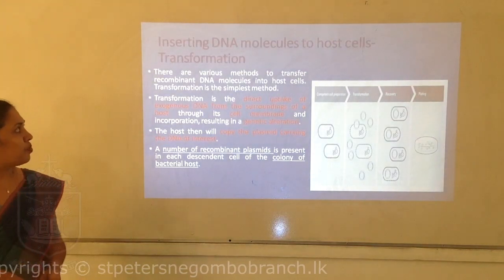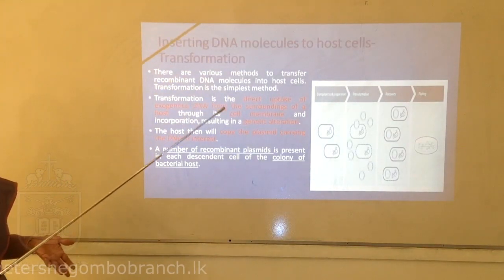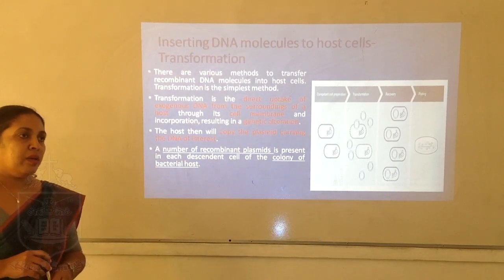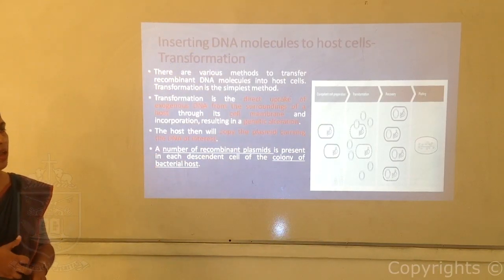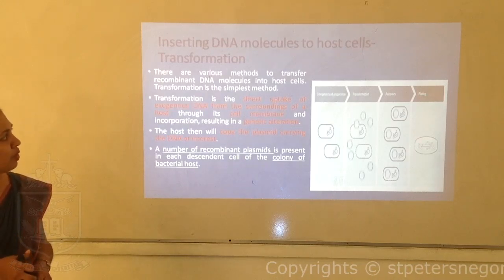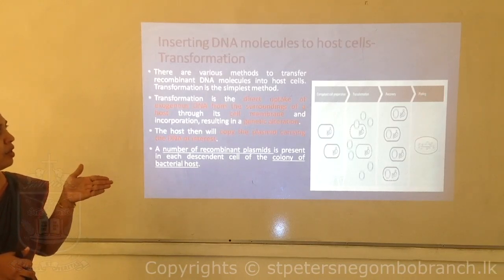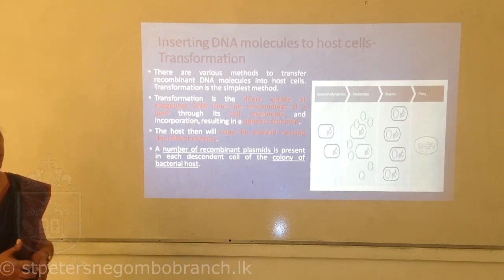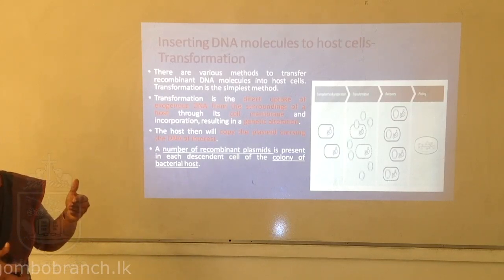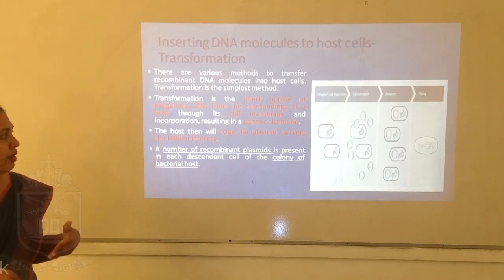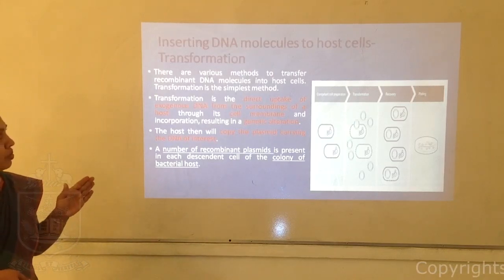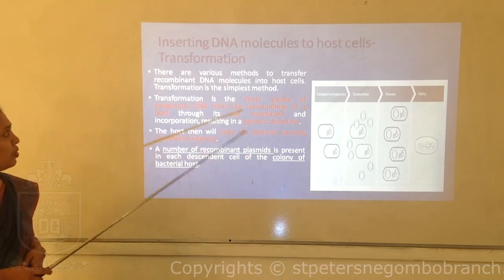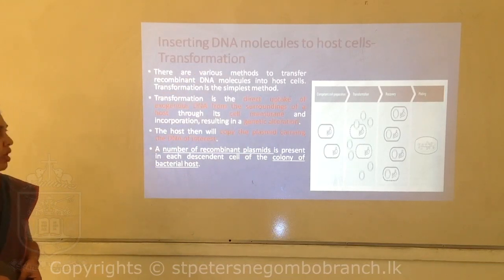So now we have combined the DNA from different sources and we have identified them. Now we are going to insert the DNA molecules into the host cells, because now we have to form an organism which gives a useful product. So we have to insert it. In that case, we are using the method of transformation. There are many methods.